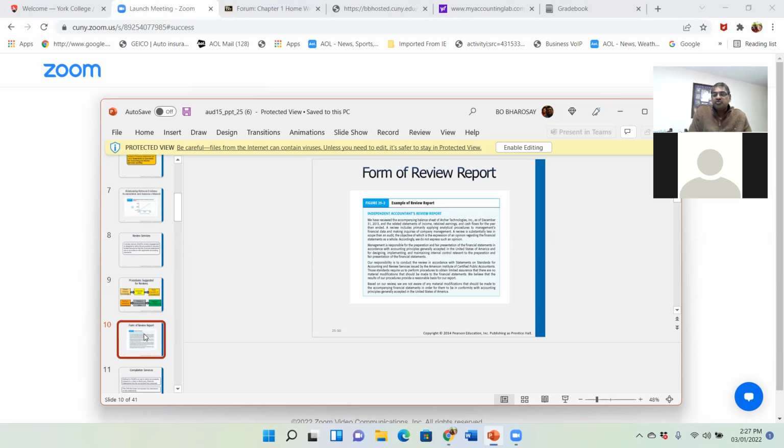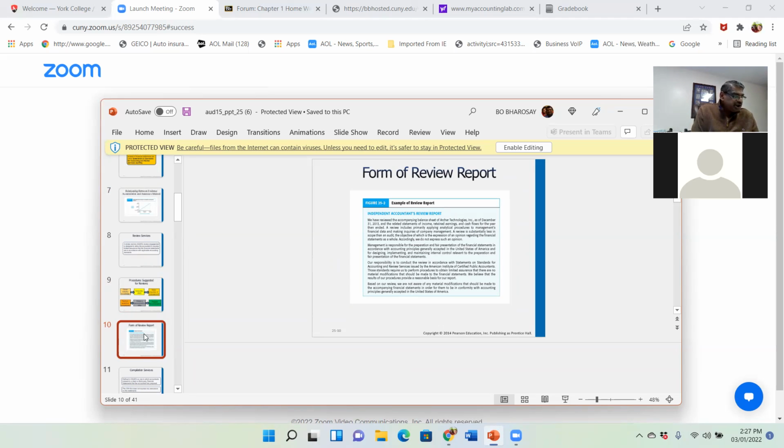Like an audit, when you're performing an audit, you must be independent. When you're performing a review service, you must be independent. Shortly, when we talk about compilations, you will see that you need not be independent when you're doing a compilation. Okay? So the review report, and I'll read the report.